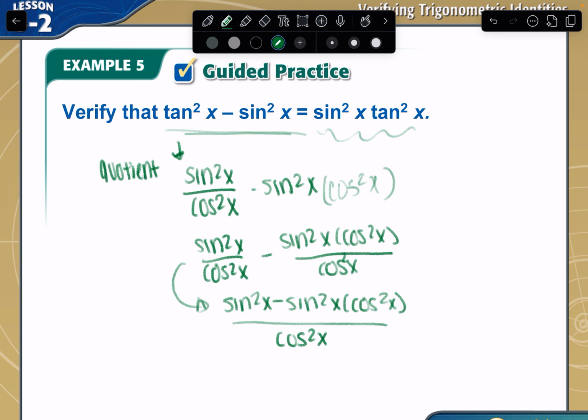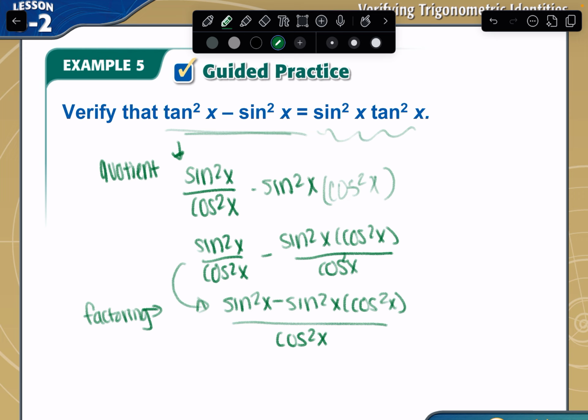From here, I am going to look at what I have in order to get back to what I need. Meaning your numerator, they both have a sine in them. So I am going to look at factoring this out.